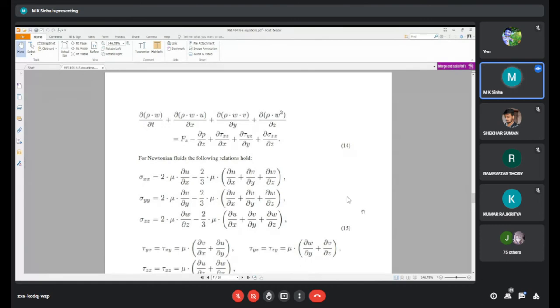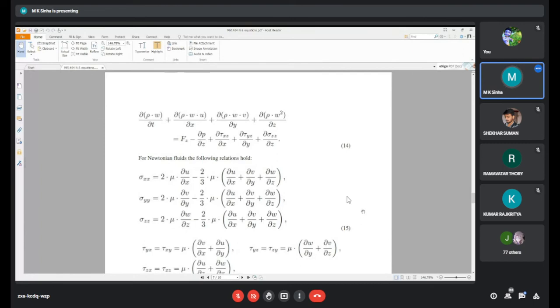So these relations are given in Frank White, Pijush Kundu, and the Boundary Layer Theory book by Schlichting. They have derived these relations individually, considering the rotation of the fluid element, the torsion, and the translation of the fluid element. You do not have to study these relations at this level, but still I am giving the Navier-Stokes equations using them.